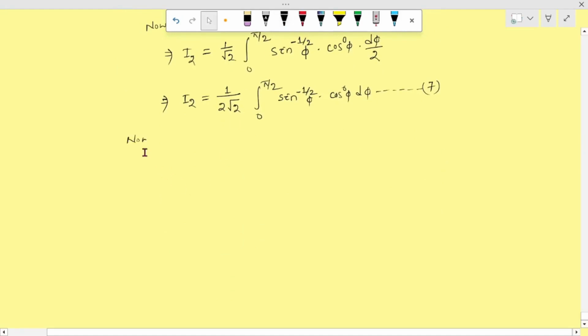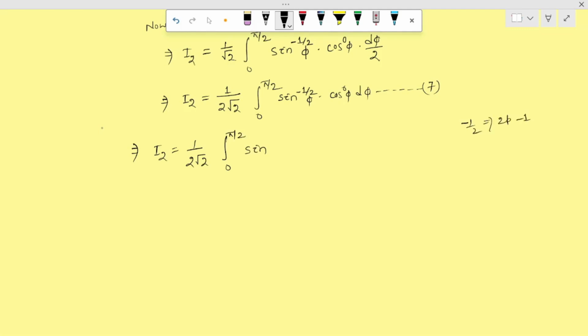Now we can write it again like this, because we have to apply the trigonometric form. So 1 by 2 root 2, integral 0 to pi by 2 of sine, here see, minus 1 by 2 I want to write in this format, 2p minus 1. If it is so, then p will be how much? Here 2p will be equal to 1 by 2, p will be 1 by 4.